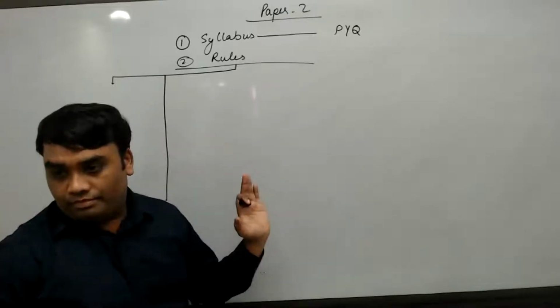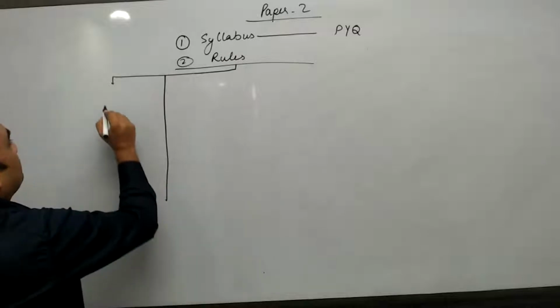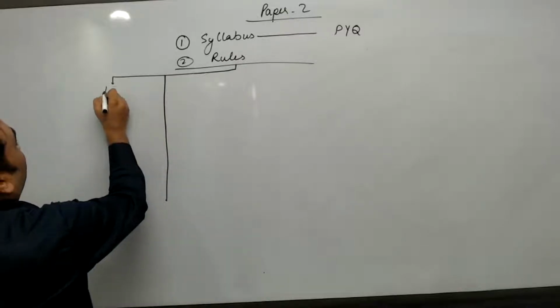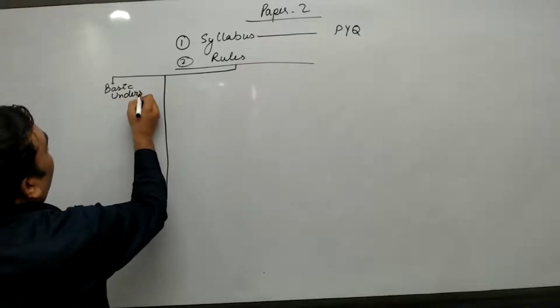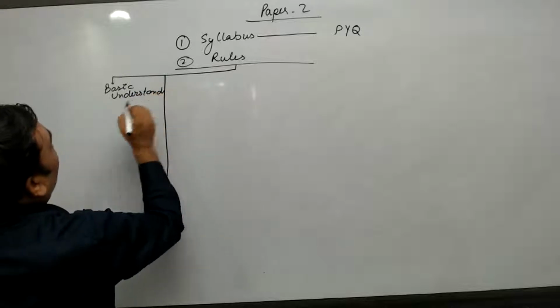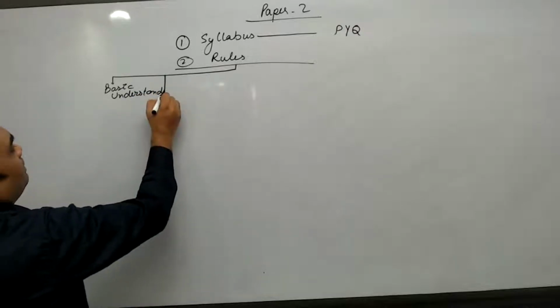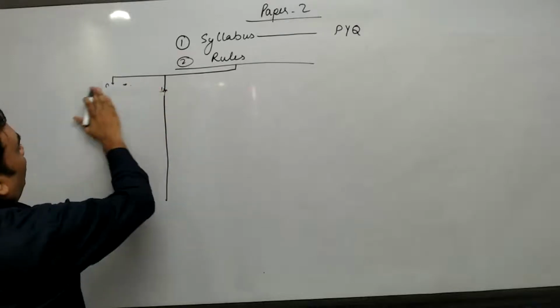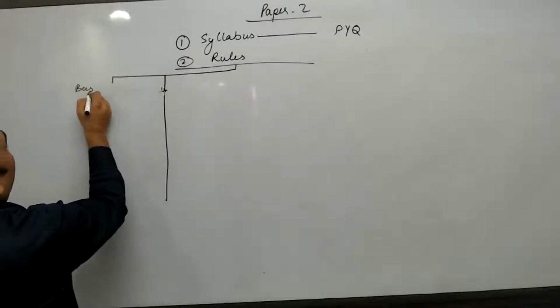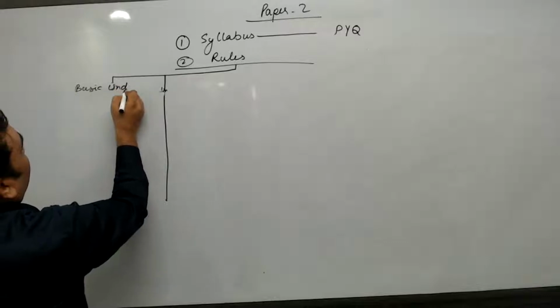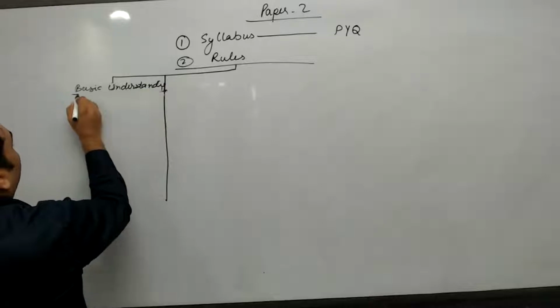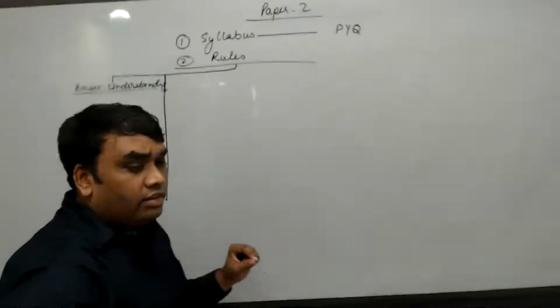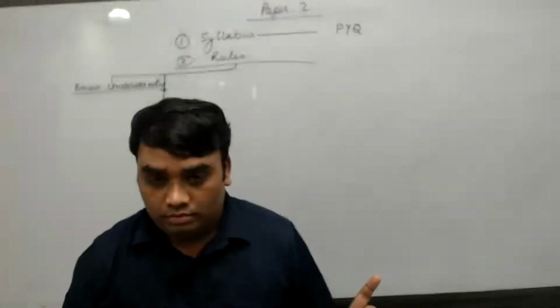The first segment is paper 1, or the basic understanding. That basic understanding is very important when you go to prepare. A basic understanding means the understanding which we received from paper 1.